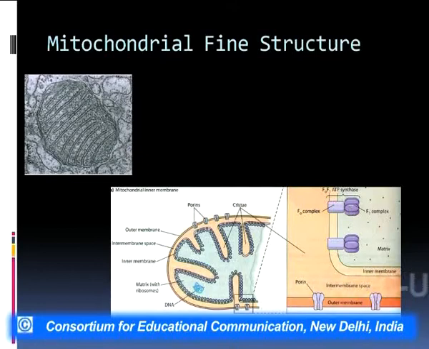The word F comes after their discoverer H. Fernandez Moran, who employed very sophisticated techniques of freeze fracture and silver staining to find out that these particles actually exist, and they are the respiratory assemblies. These are the assemblies where ATP is generated.